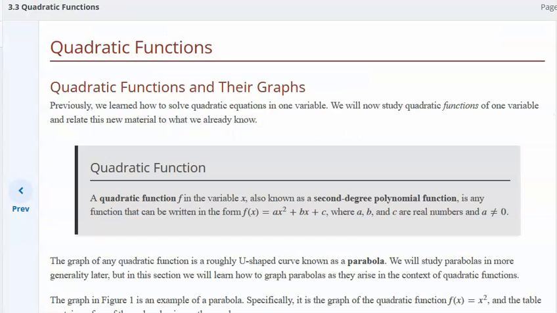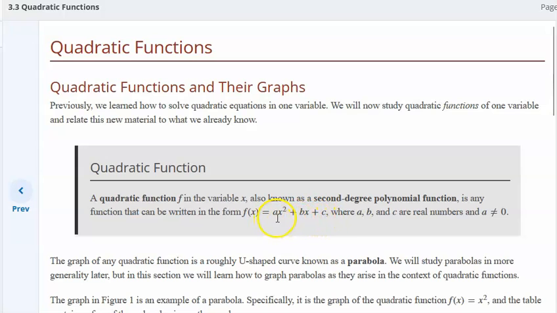Now, there is a proper way to display quadratic functions, and we see it right here, where the function of x equals ax squared plus bx plus c.